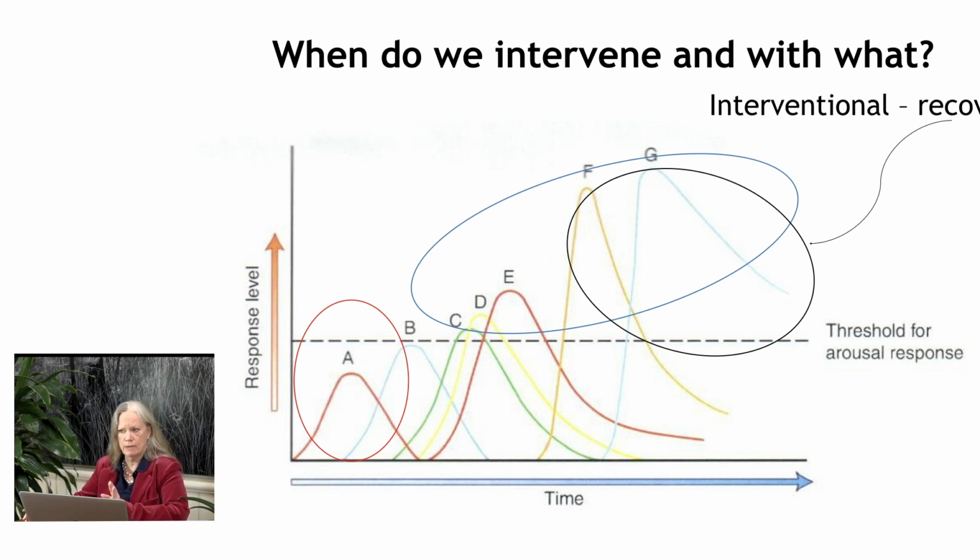Oh, please don't wait them out. Because the recovery rate changes with exposure. And at some point, and you see this in G, even if you wait them out, they can no longer recover, and their daily life is now miserable. So there's a real role for interventional therapy in recovery rates.